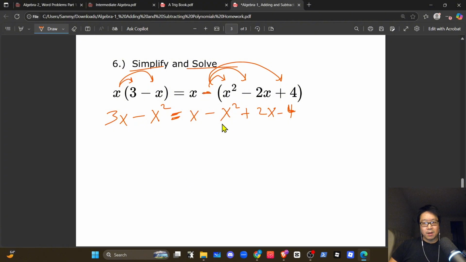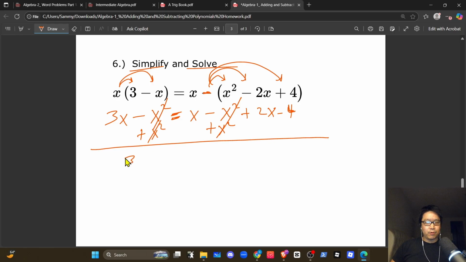So we're just going to solve this like we usually solve. In other words, we're going to isolate x to one side and move all the constants to the other side. So let's go ahead and start by adding x squared to both sides. When we do that, the x squareds actually cancel.